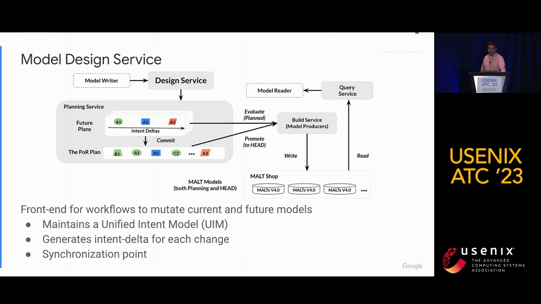First, the model design service is the front end for capacity delivery workflows to mutate current and future network models. It's essentially the write pipeline. It maintains a unified intent model, a high-level planning view of the world at a given point in time.